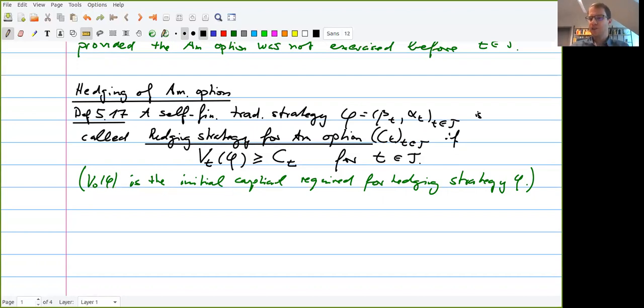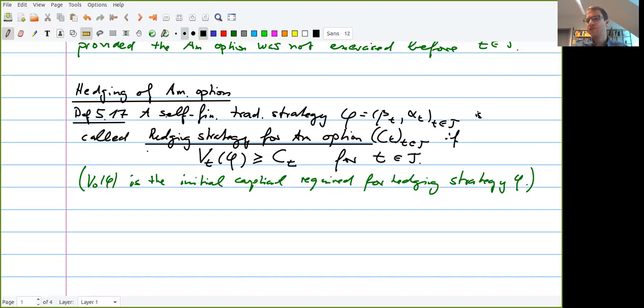So a hedging strategy for the European one was to say, okay, I really want to match exactly the obligation at the terminal time. Here, this might be too good to be true. So I'm happy if I somehow can super hedge the American option at any time.